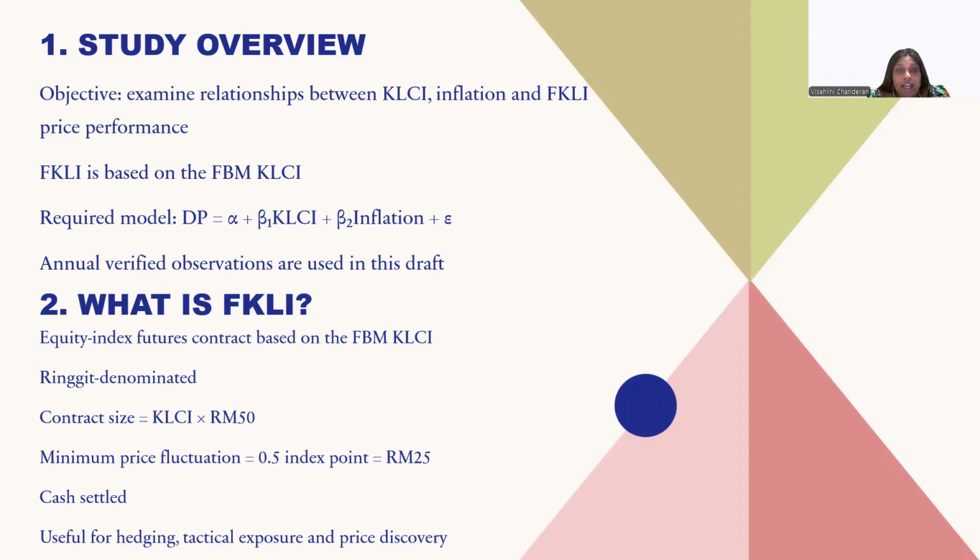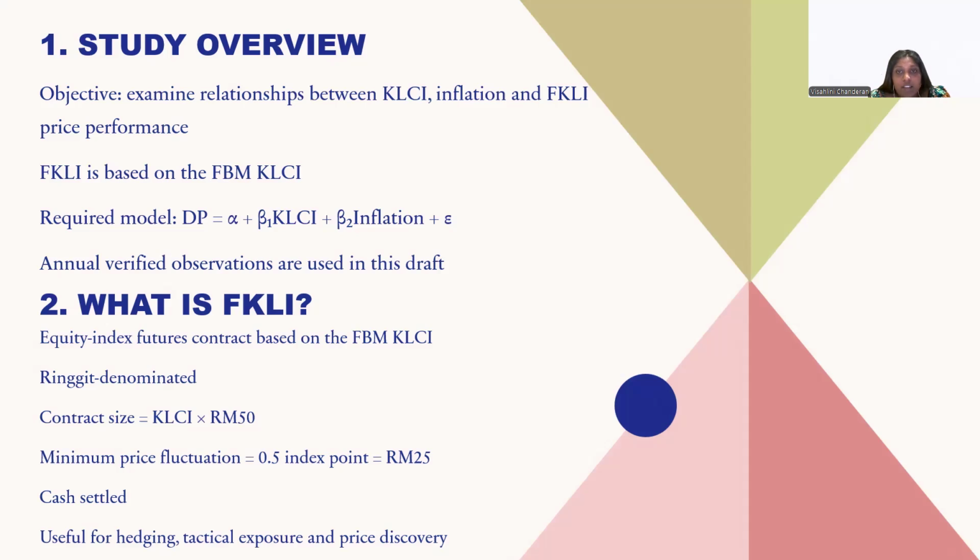Second one, what is FKLI? FKLI is an equity index futures contract based on the FBM KLCI. Bursa Malaysia specifies that the contract is denominated in Malaysian ringgit and its contract size is the KLCI multiplied by 50 ringgit.